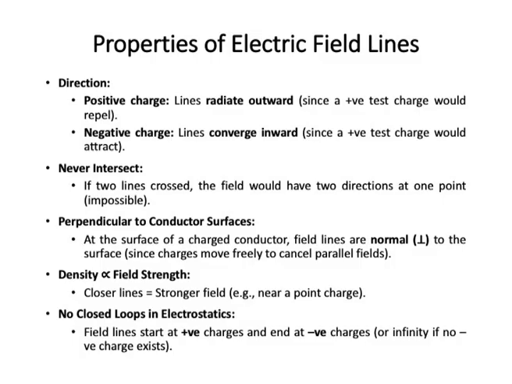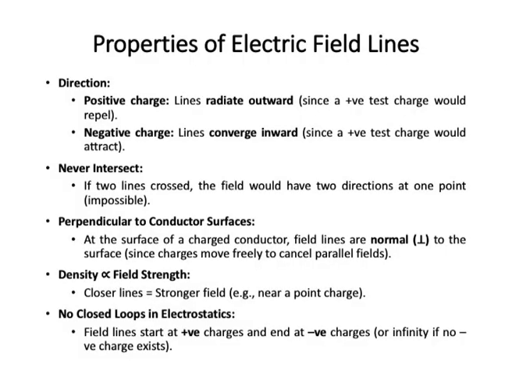We can say it is a stronger field. That means the closer the lines, the stronger the field. An example is near a point charge, where you have more field strength.